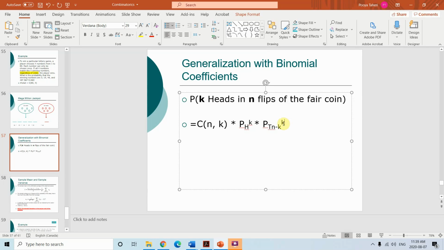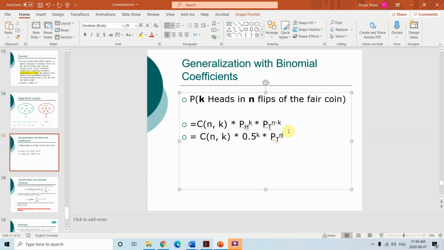Okay, if it's a fair coin, these numbers are going to be 0.5. So this is going to be C of n, k, and this is going to be 0.5, and this is going to be 0.5 as well.